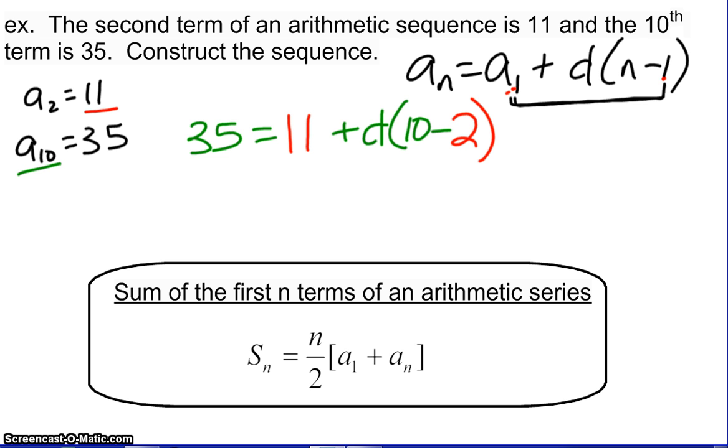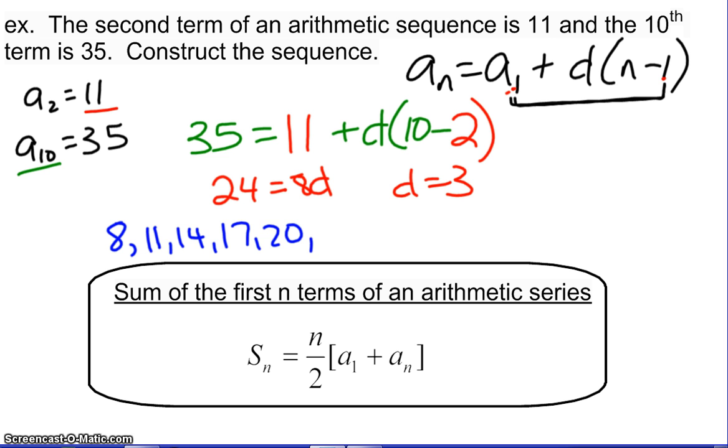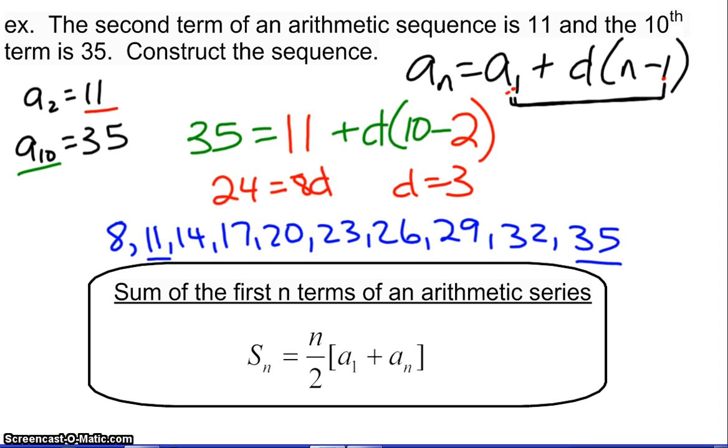And we could solve to find the common difference in this case, and find out that our difference is 3, which allows us to construct the sequence, because if our second term is 11, we could then go backwards to get 8. And then know that we add 3 in each case to construct this sequence. And the 10th term would equal 35, matching what we were given.